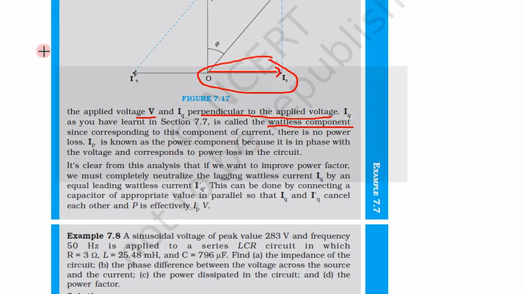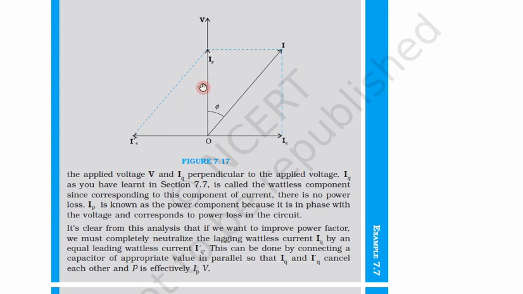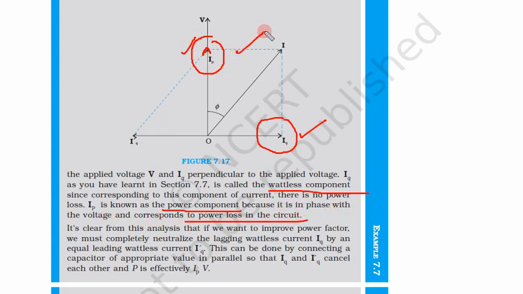This component, which is parallel to V, is the power component, because it is consuming power, while in the wattless component current flows without power consumption. Because IP is in phase with the voltage, it corresponds to power loss in the circuit. The power loss is not due to IQ, because for it the angle is 90 degrees, so it will not consume any power.